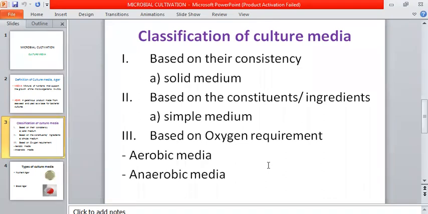particular microorganisms. As we proceed, you've had me explaining various examples, but we are going to look at them in detail.